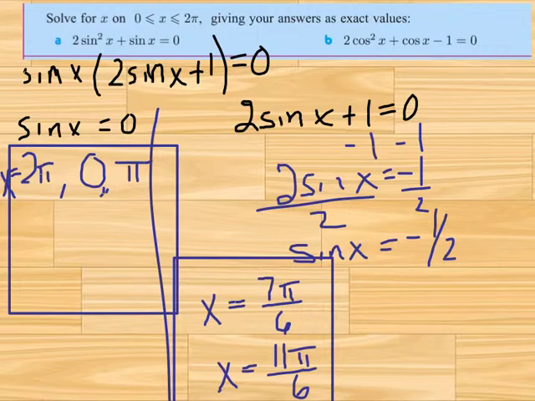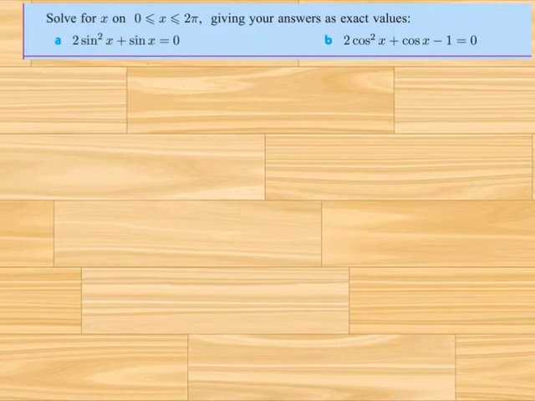Let's take a look at the next one. So here, the factoring is a little bit more than just factor out a common term. We're going to need 2 sets of parentheses.